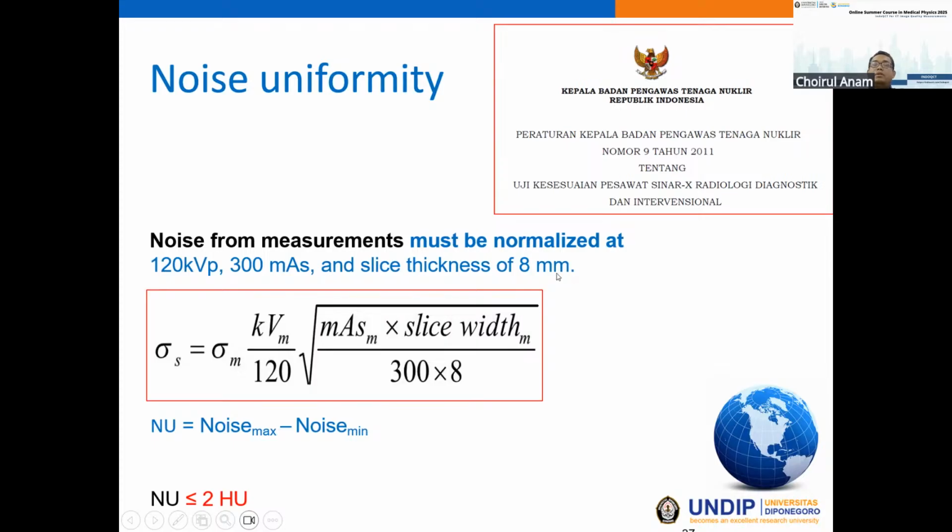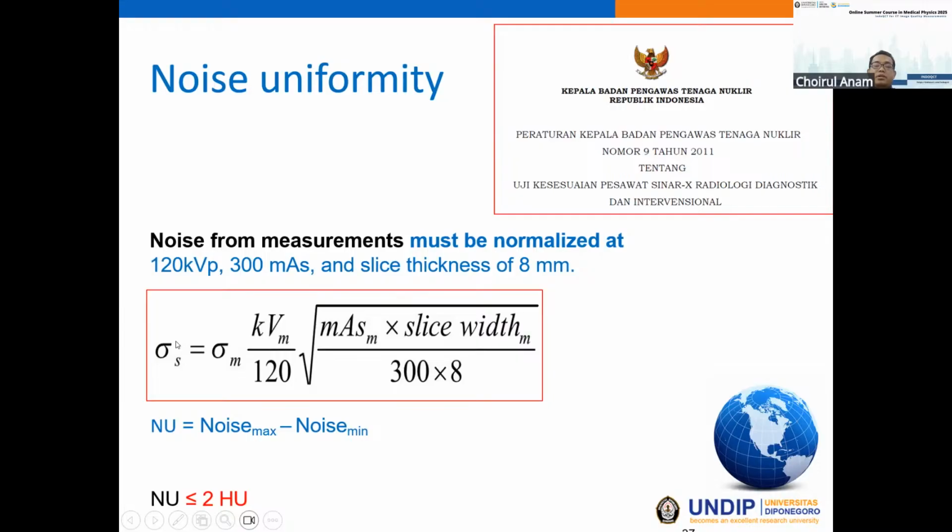So we should make the normalization of our measurement using this formula. This is our noise measurement, sigma m, and this is our tube voltage for scanning, and this is our tube loading for scanning, and this is our slice thickness, the slice width for measurement. And then by using this formula, we have the noise normalization.